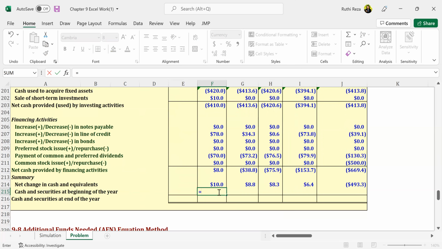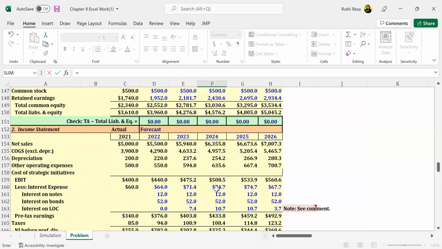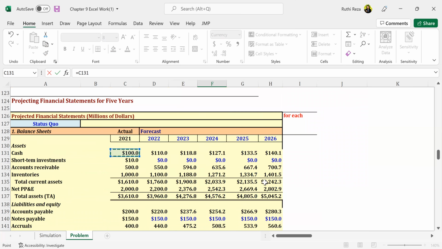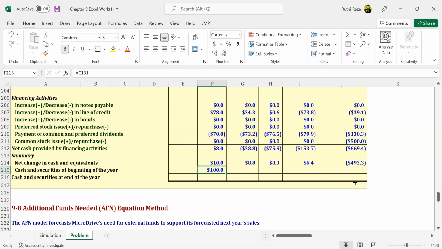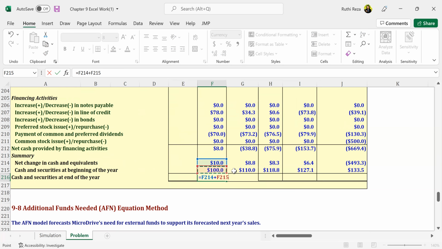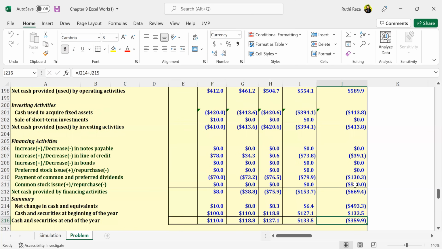Then equal cash and cash equivalents at the beginning of the year. That means cash balance in the previous year. Let us drag it down. Then equal this plus. Okay, we have something wrong in the very last year.